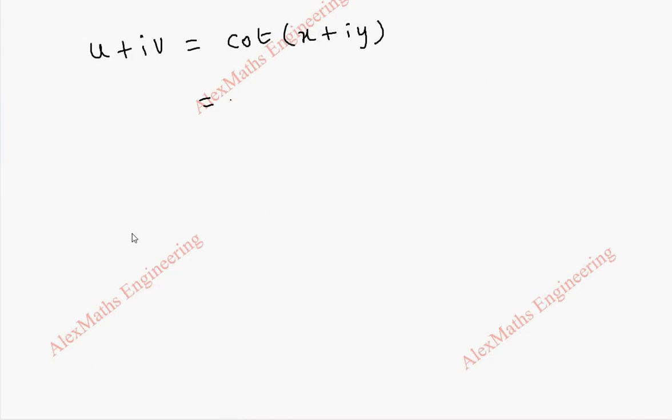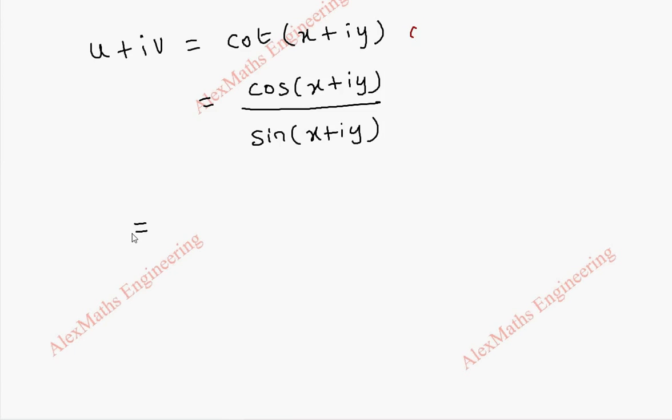So this can be written as cos of (x + iy) whole division sin of (x + iy), because cos theta by sin theta is cot theta. Now using cos(a + b) formula, cos(a + b) is cos a cos b minus sin a sin b.